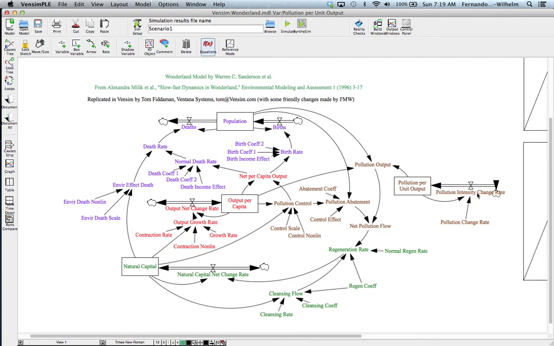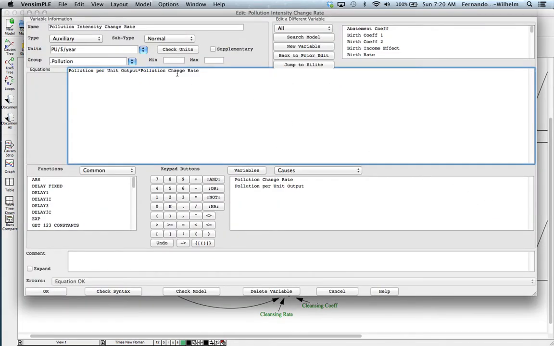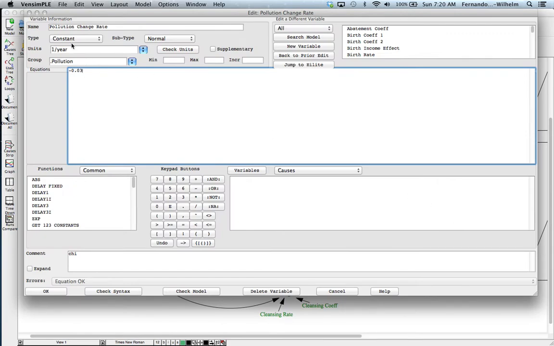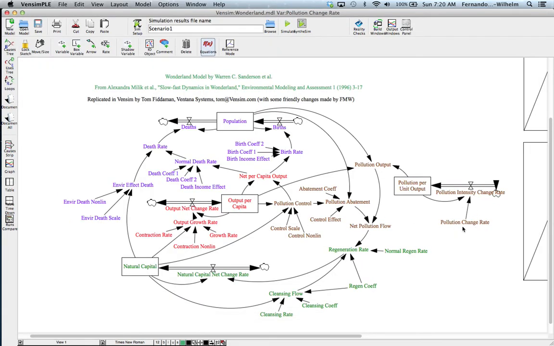The change rate of pollution is essentially driven by a single coefficient, the pollution change rate, chi in the model, and that's the value that's given. It's negative because pollution essentially decays as pollution gets generated, which is another assumption that I found at least a little bit questionable.